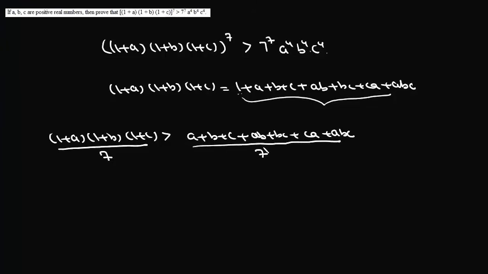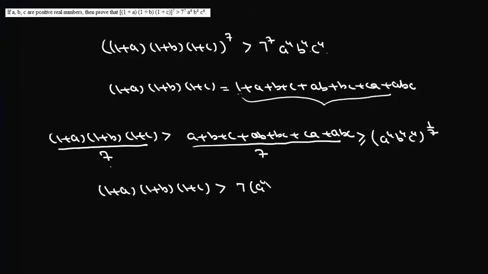Now this is the arithmetic mean of these 7 numbers. So arithmetic mean is always greater than or equal to the geometric mean. Now in the geometric mean, we'll have A into A into A into A 4 times. So there'll be A to the power 4, B to the power 4, C to the power 4, whole to the power 1 by 7. And considering these two, we can write (1 plus A)(1 plus B)(1 plus C) will be greater than 7 into A to the power 4, B to the power 4, C to the power 4 to the power 1 by 7.